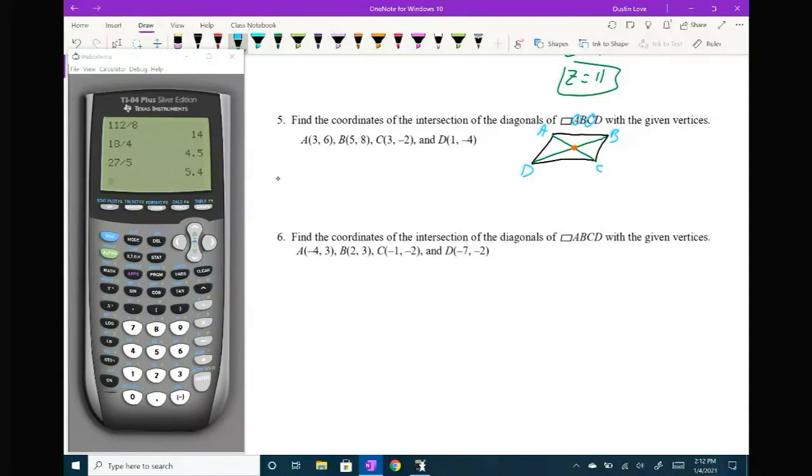Now remember, the midpoint formula is average the x's, x1 plus x2 divided by 2, comma, average the y's, y1 plus y2 all divided by 2. Let me get rid of the D there so it's not in the way.